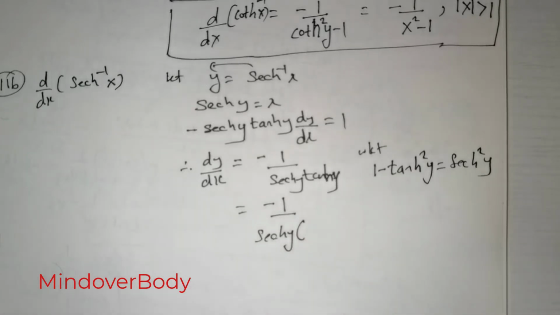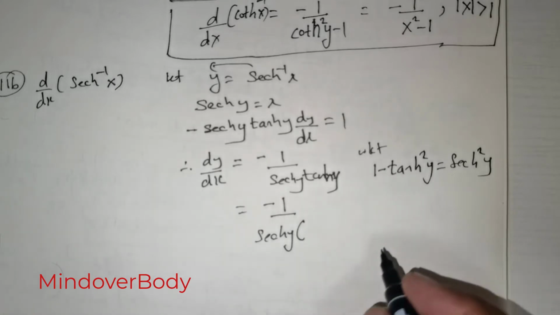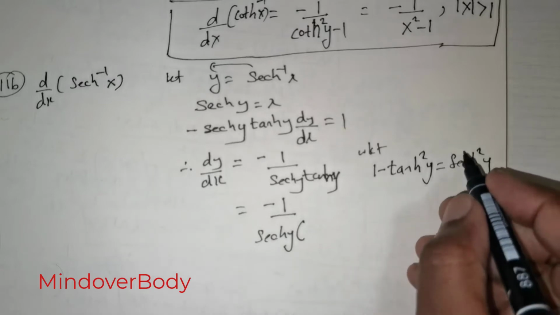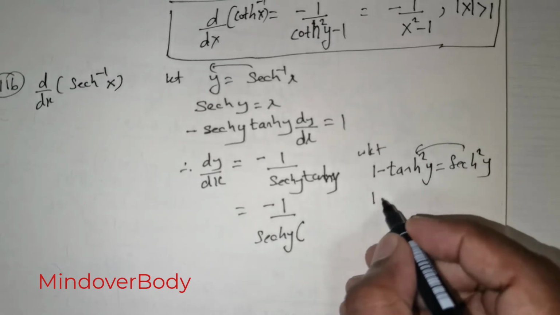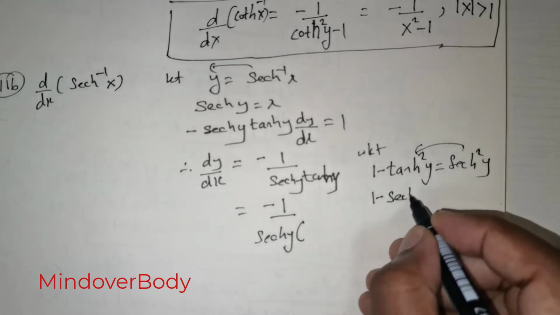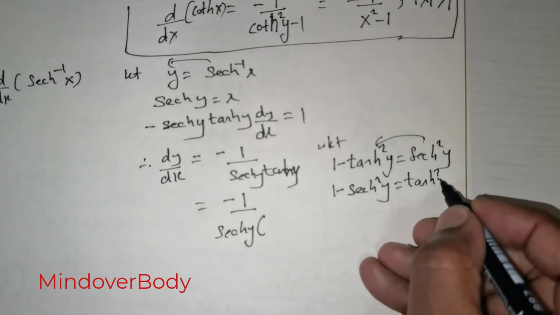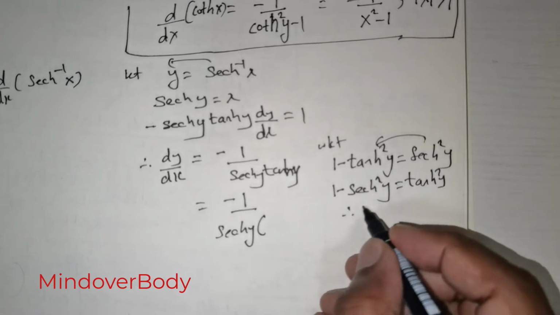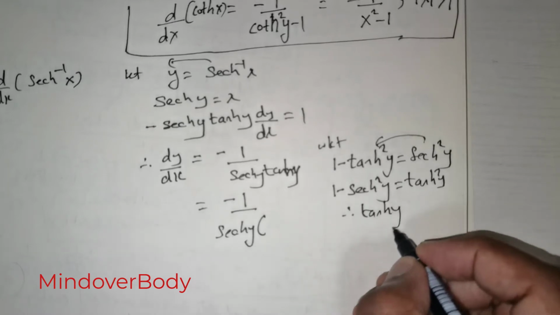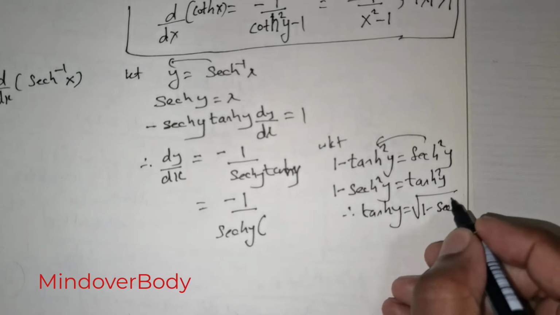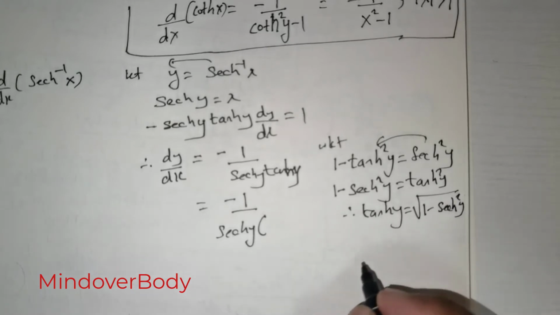I will have to do some rearrangement in this case to get this tan. So I will push this to the left, so it's going to be 1 over secant squared y is equal to tan squared y. So therefore tan y, hyperbolic tan y, is equal to root of 1 negative secant squared y, right?